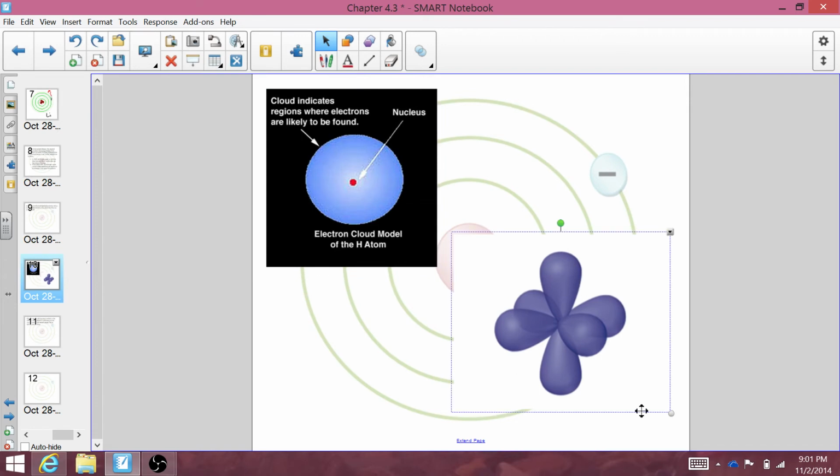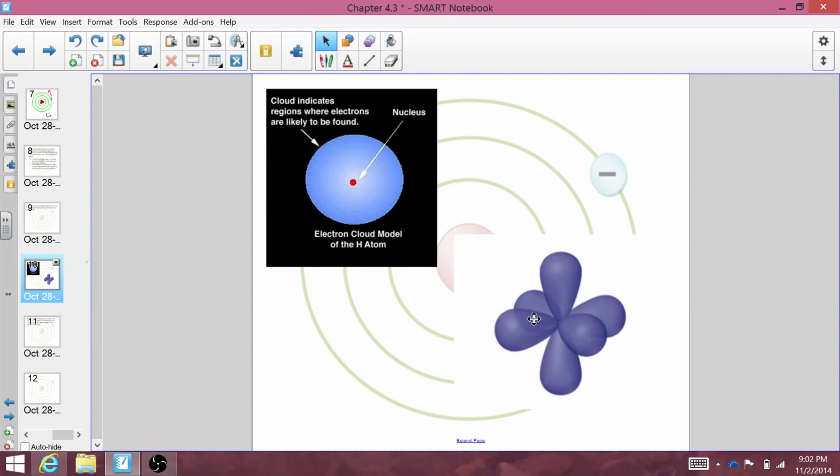Now this is a more complicated picture of an orbital. Unlike in hydrogen, where the electron is likely to be found in a sphere around the nucleus, this is a really crazy looking shape, which is telling us if the nucleus is right in the center here, the electrons are likely to be found anywhere in these funky looking shapes.